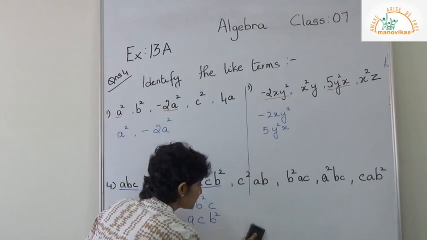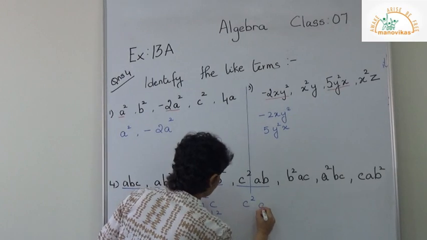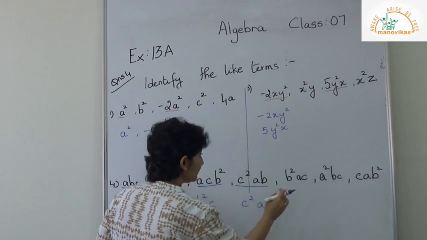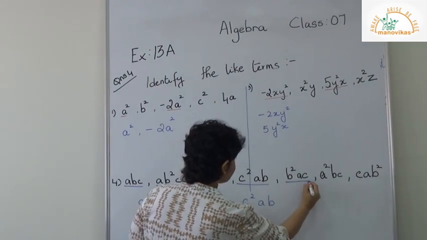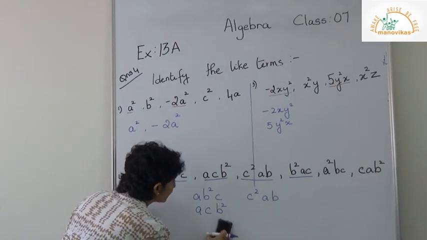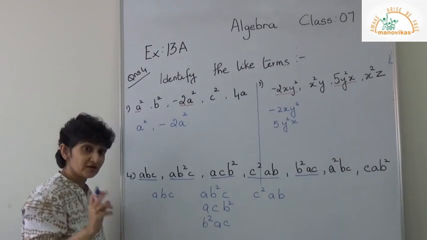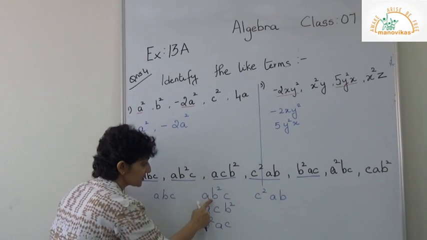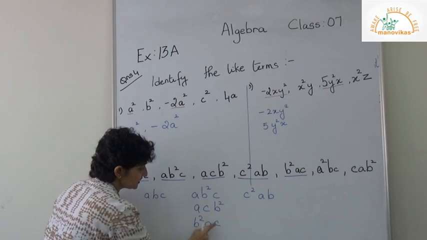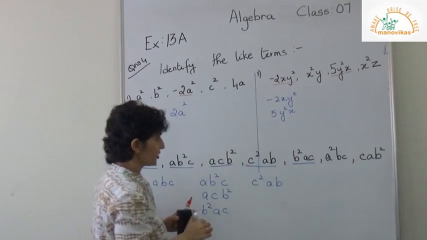Then let's move on to the next term. I have c squared ab. Nothing like. Then I have here b squared ac. Again this comes here. b squared ac. Children, see. Why do they become like terms? Because b squared, b squared, b squared, a, c here, c here. So these are all like terms even if they are interchanged.